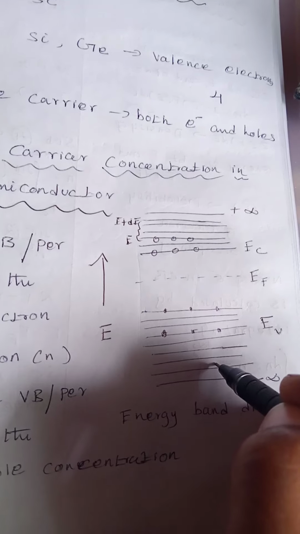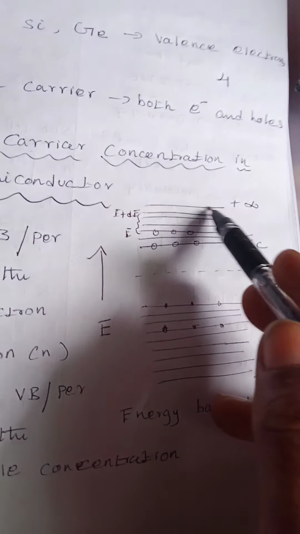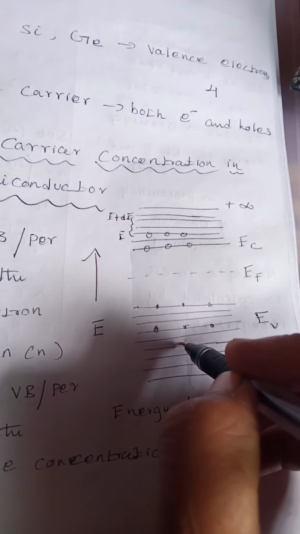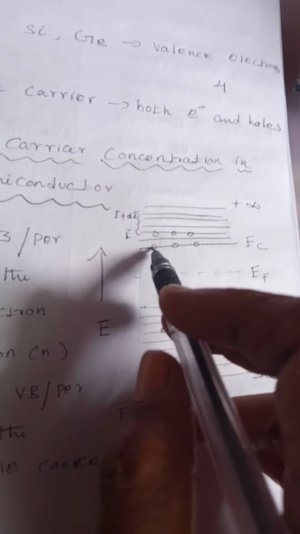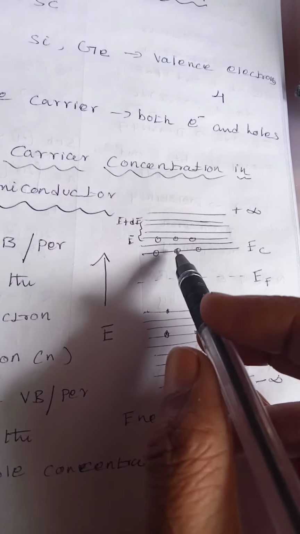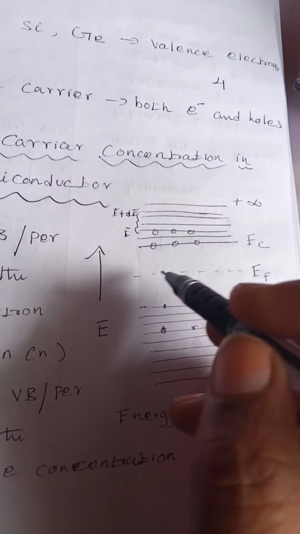This is the valence band, which consists of holes, and this one is the conduction band, which consists of electrons. We are going to calculate the number of holes in the valence band and the number of electrons in the conduction band. We add both of these so that we get the number of charge carriers in the intrinsic semiconductor.